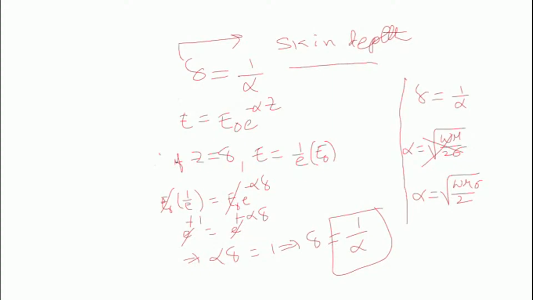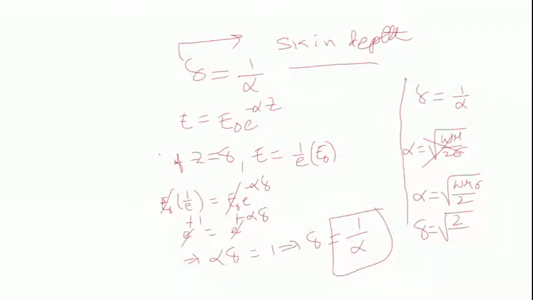Therefore delta can be written as delta is equal to under root 2 by omega mu sigma. This is the delta.